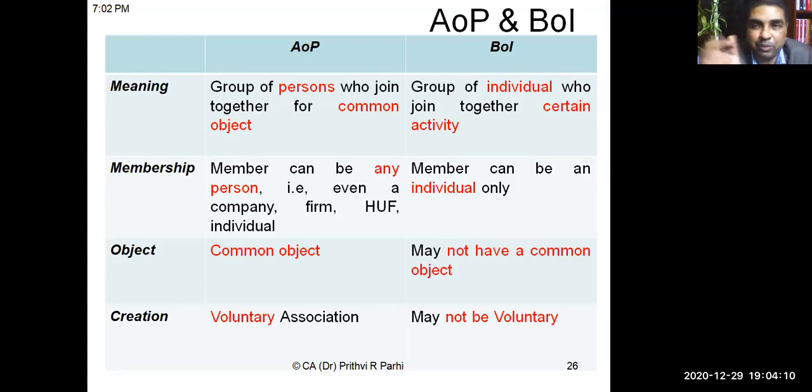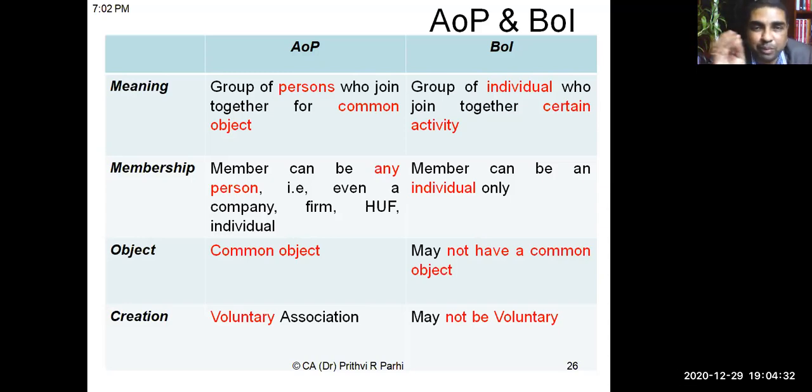But from a tax point of view, both of them are one category of person. And other technical differences are there. Normally, when we talk about AOP, a group of persons joined together for a common object. Their objective is one, their intention is one.